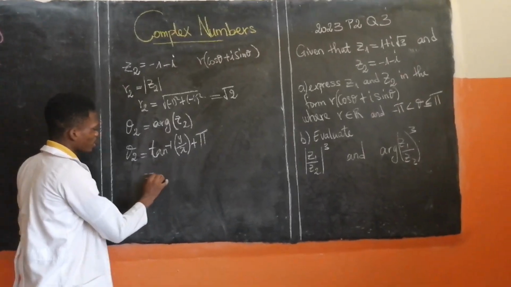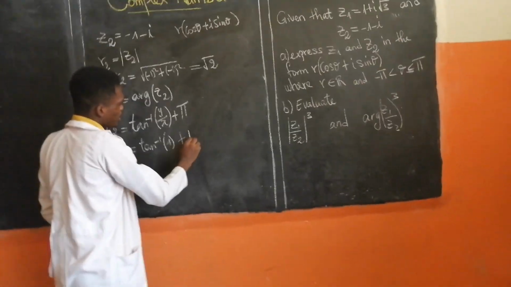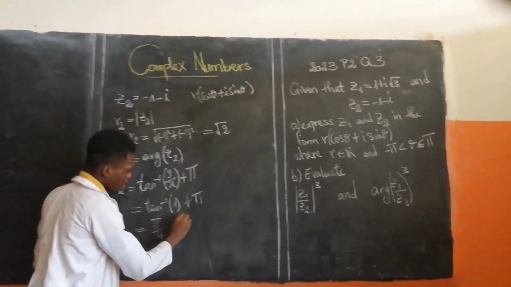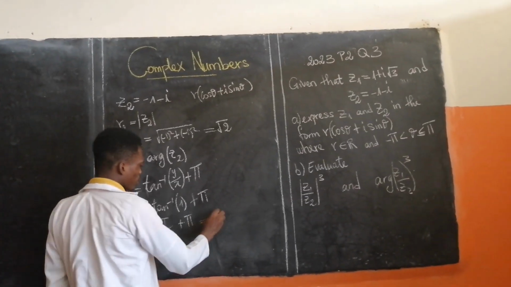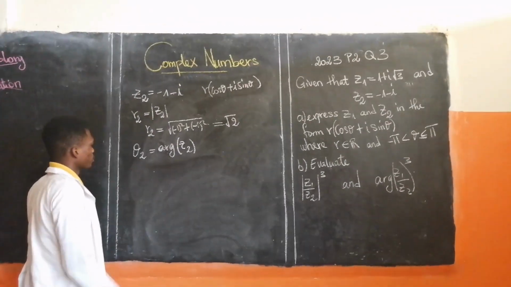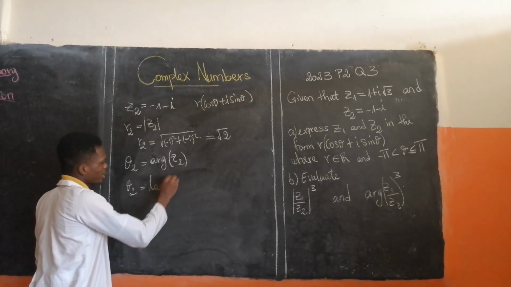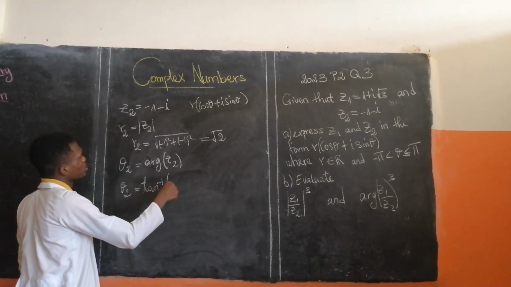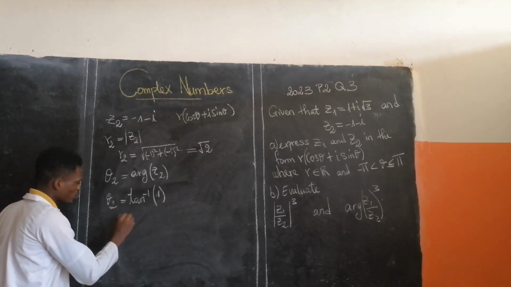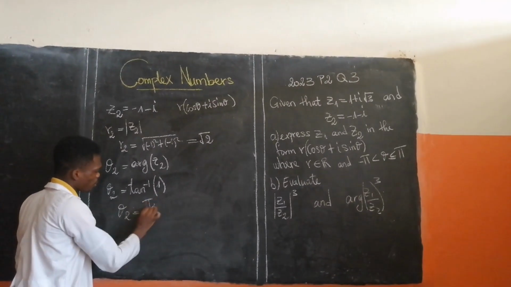So when we do that, we are going to have tan inverse of 1 plus pi. Tan inverse of 1 is pi on 4, plus pi. This is going to give us 5 pi on 4. So theta 2, which is the argument of Z2, is equal to 5 pi on 4.